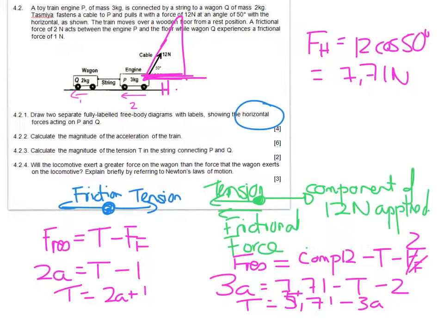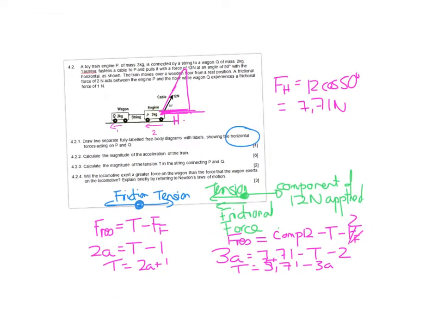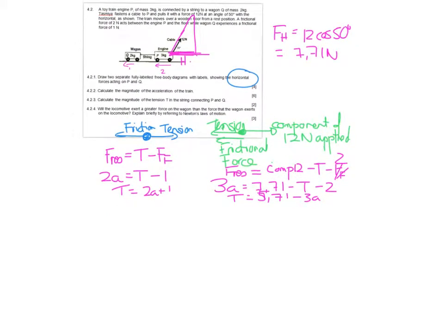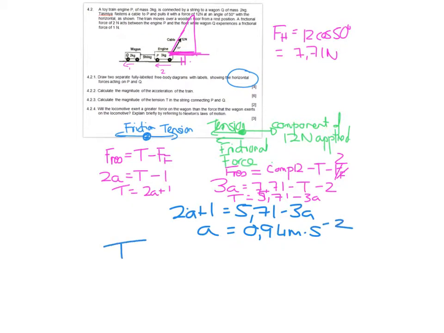Now, if we're going to solve for those, they become 2 simultaneous equations, and we can find that 2a plus 1 is equal to 5,71 minus 3a, and a turns out to be 0,94 meters per second squared, whilst T, when I substitute back in, is going to be equal to 2 times 0,94 plus 1, and that is equal to 2,88 newtons.